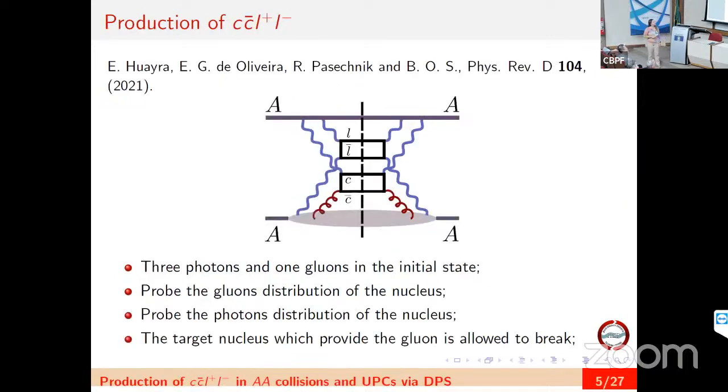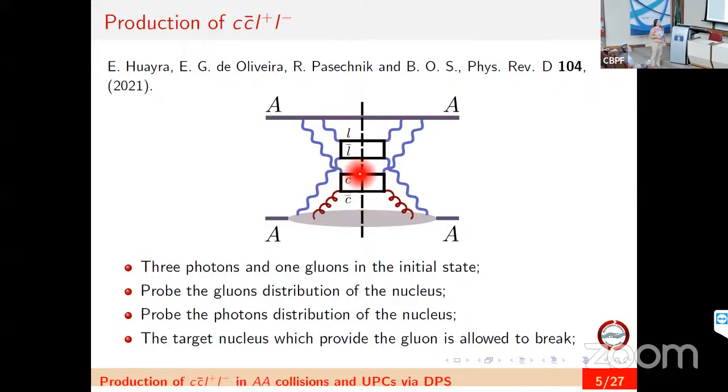So let's look at a specific process. Here we chose the μ⁺μ⁻ and a CC̄ final state. Why should this be a good choice? Well, the μ⁺μ⁻ is produced by two photons coming from two lead nuclei, so this cross-section goes with Z squared.